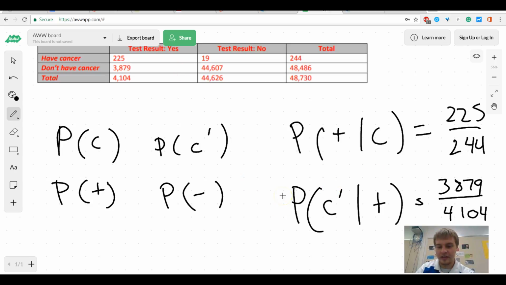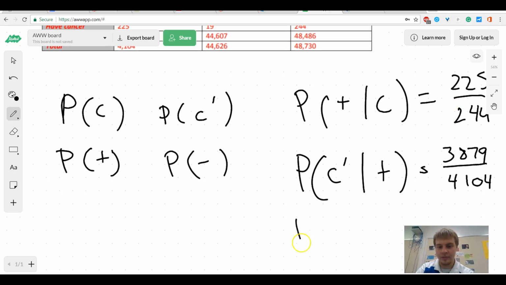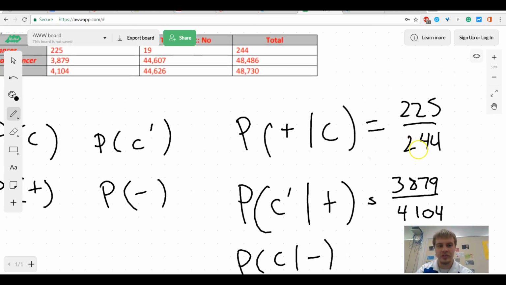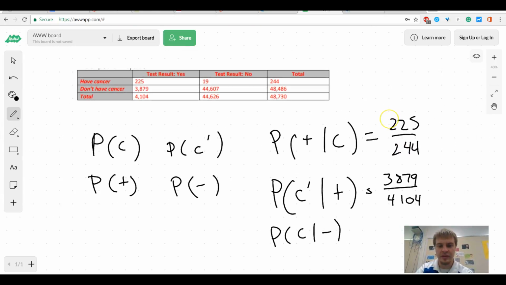So let's do one more. Let's figure out the probability that you have cancer given that you didn't test positive. You also want this percentage to be really low, because if this percentage is high, then the test doesn't give you reliable information.